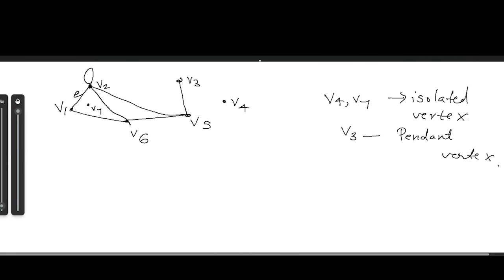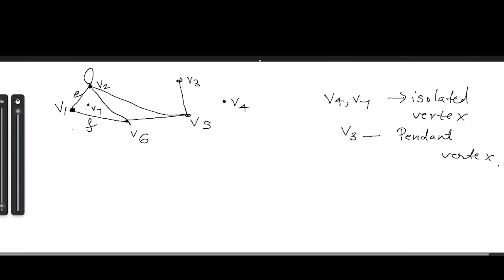Suppose this is the edge E and this is the edge F. You can see that E and F are non-parallel. The two adjacent edges are said to be in series if their common vertex is of degree 2. And here V1 is the common vertex and its degree is 2.